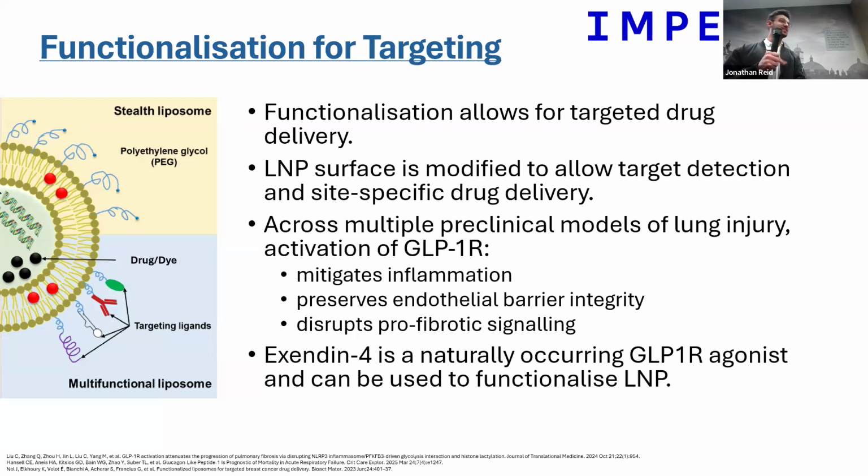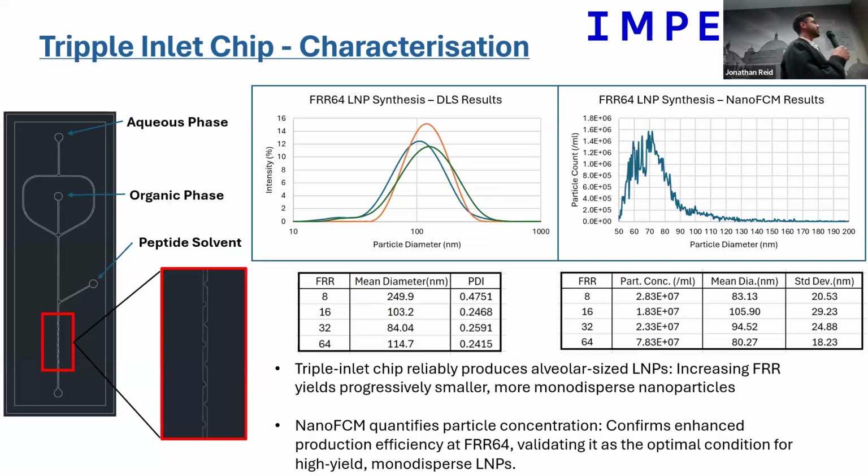This part onwards is hypothetical, it's the next stages. But to functionalize, we need to create a new chip. And as I mentioned, every time we create a new chip, we need to make sure we characterize it. That's dimensional characterization and COMSOL simulations, to make sure that the chip is operating how we expect it to operate.